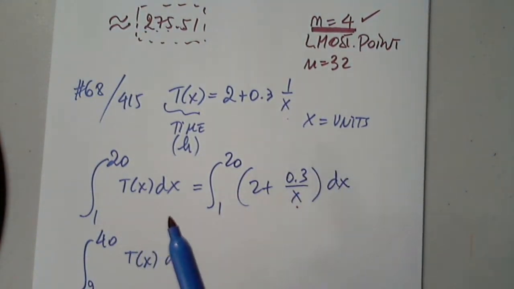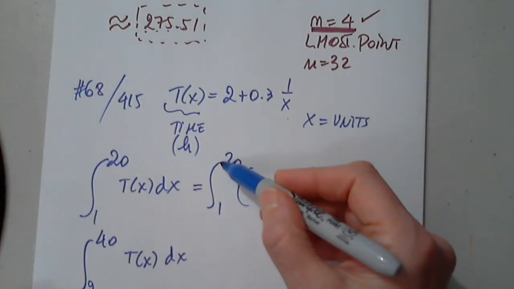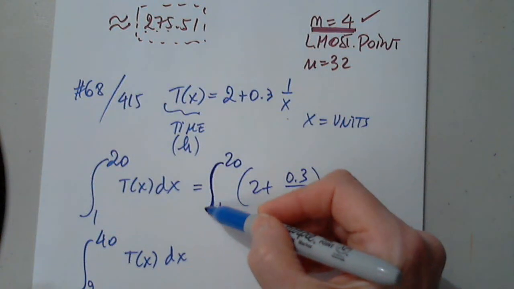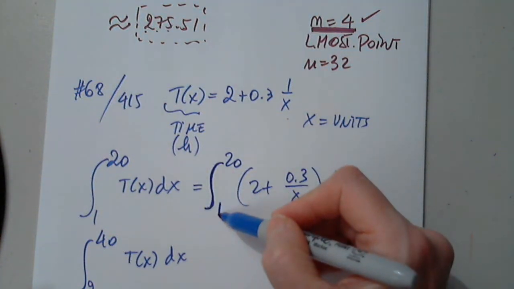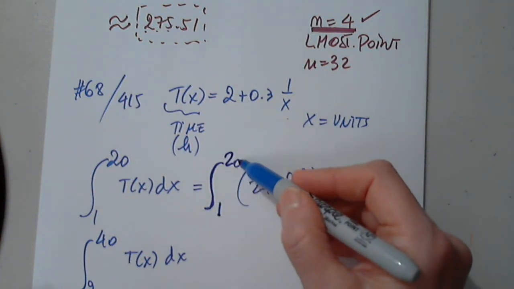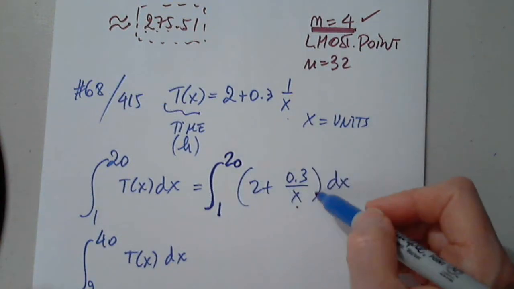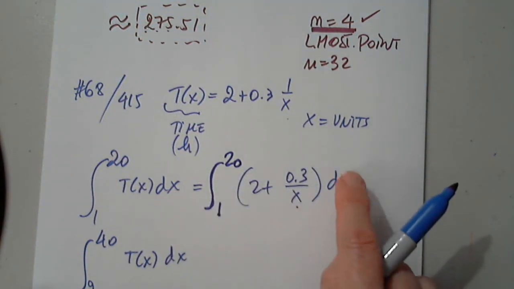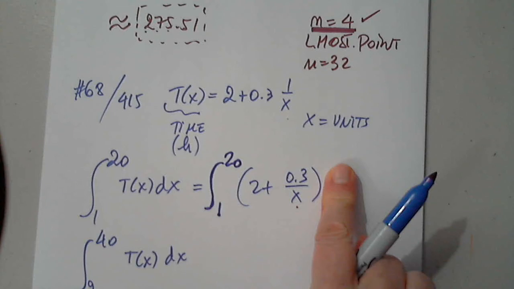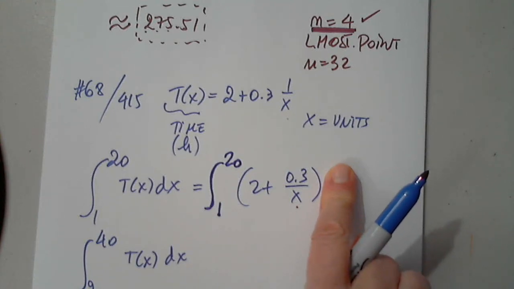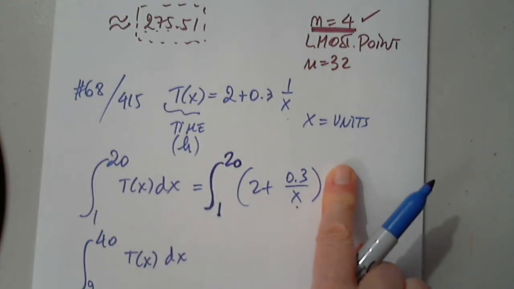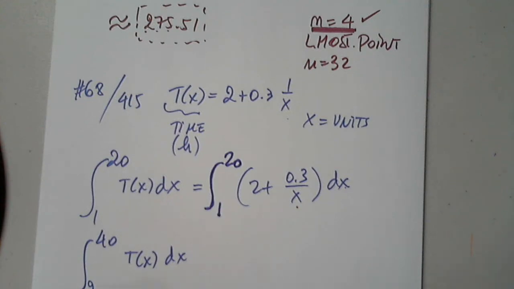Please remember always: limit, limit, limit, don't drop it. You have to have the integral symbol, the lower limit, the upper limit, the function, and dx. Do not write this, please. This is not an integral. Now it is. Okay, perfect.